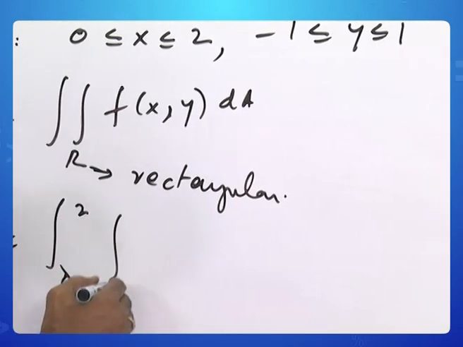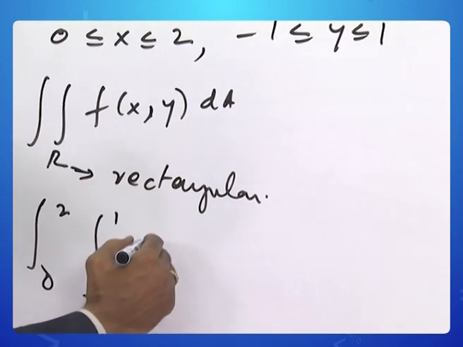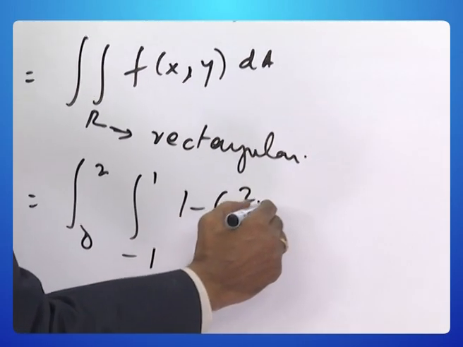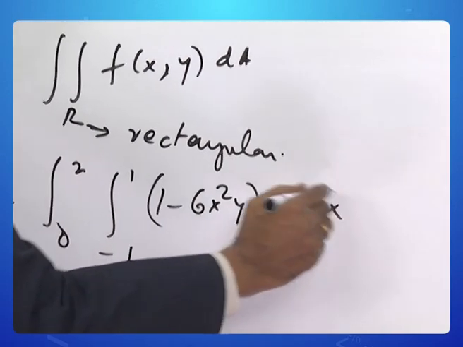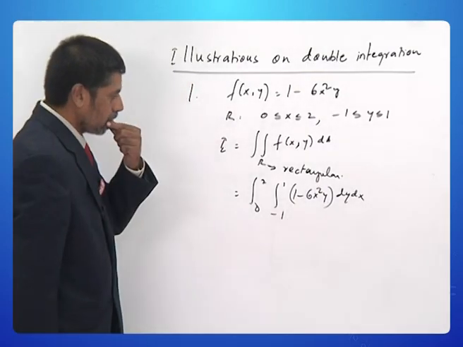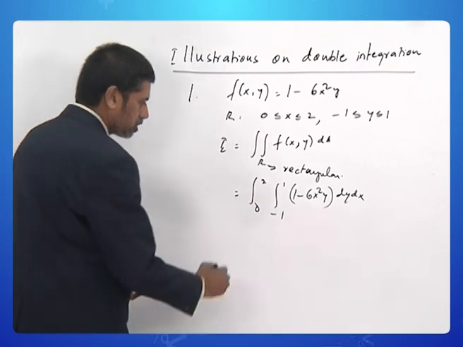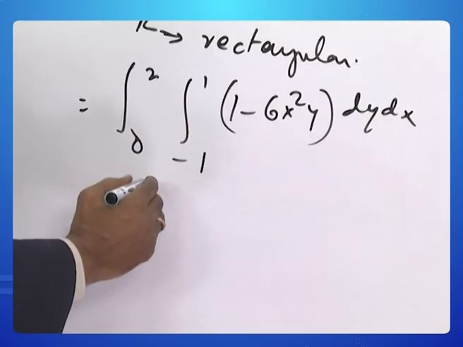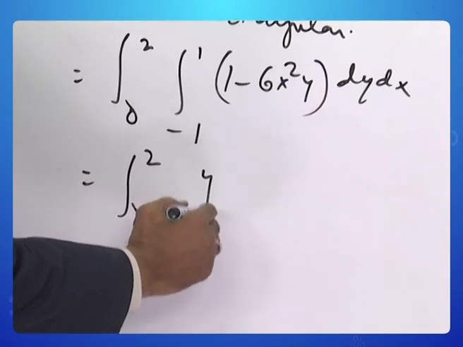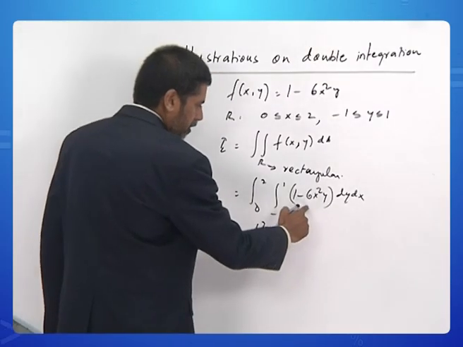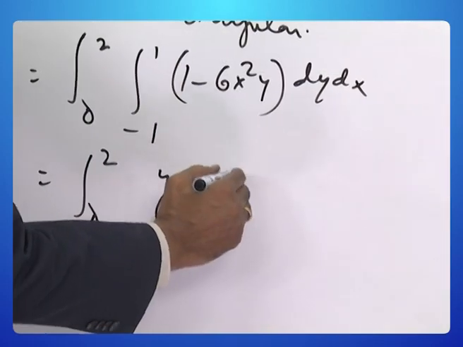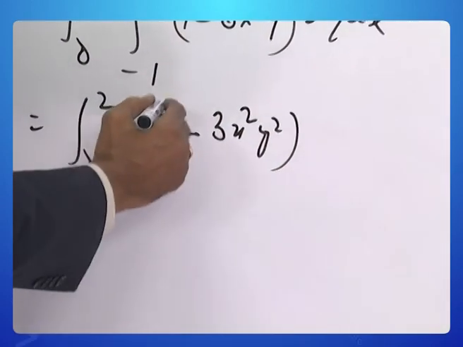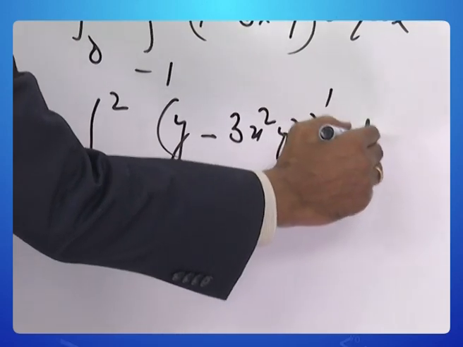Integral 0 to 2, integral minus 1 to plus 1, 1 minus 6x square y dy dx. This integration is straightforward. 0 to 2, y minus 6x square y square by 2, so 3x squared y squared from minus 1 to 1.